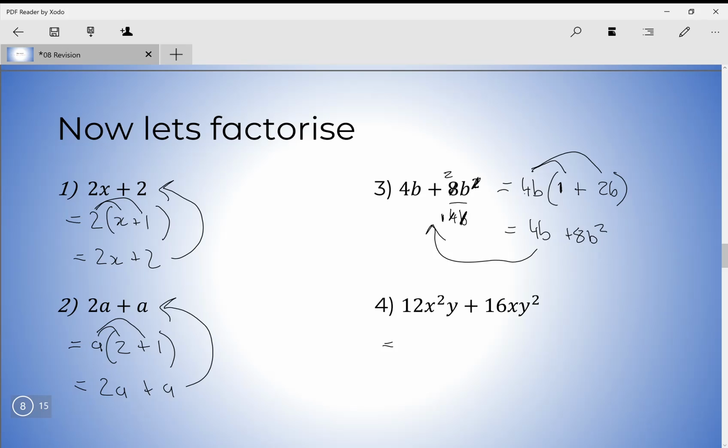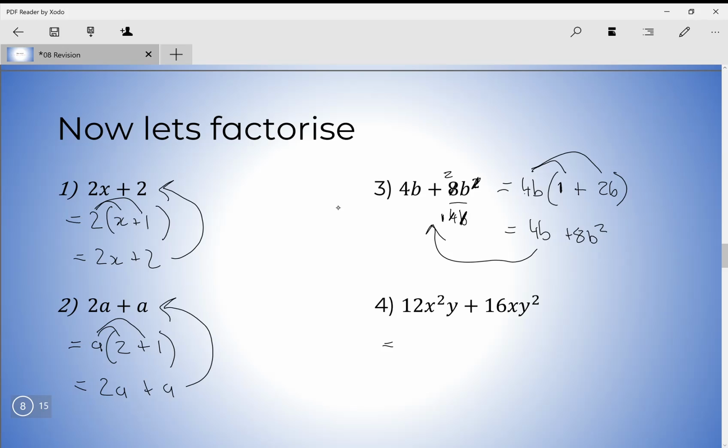Now with 12x squared y and 16xy squared, we're going to look for a highest common factor. We're going to start with the numbers, something that can divide 12 and 16. Because they're even numbers, we can always start with 2. 2 will always be a common factor of two even numbers, but if we can think of any number that's bigger than 2 that also works, we're going to want to choose that.